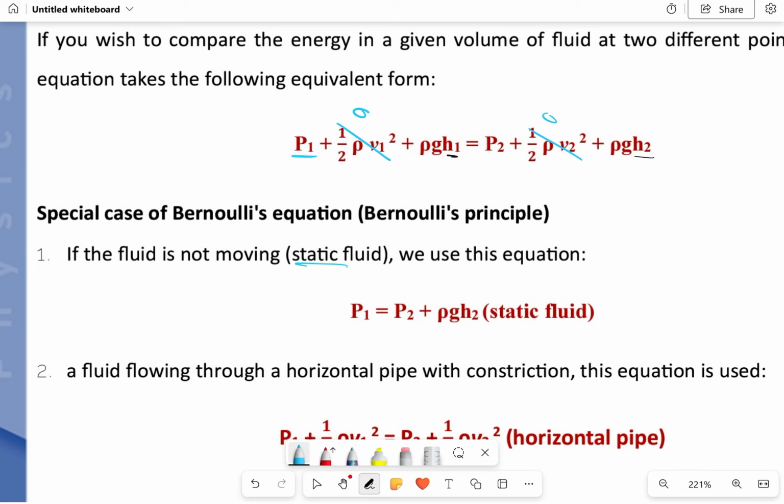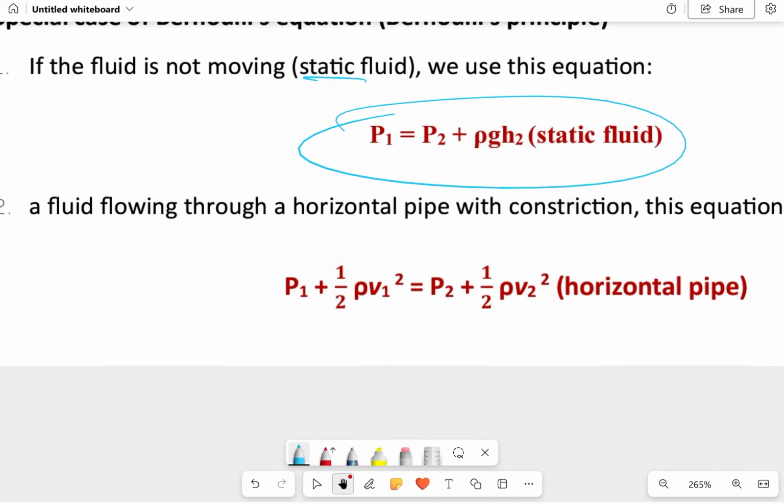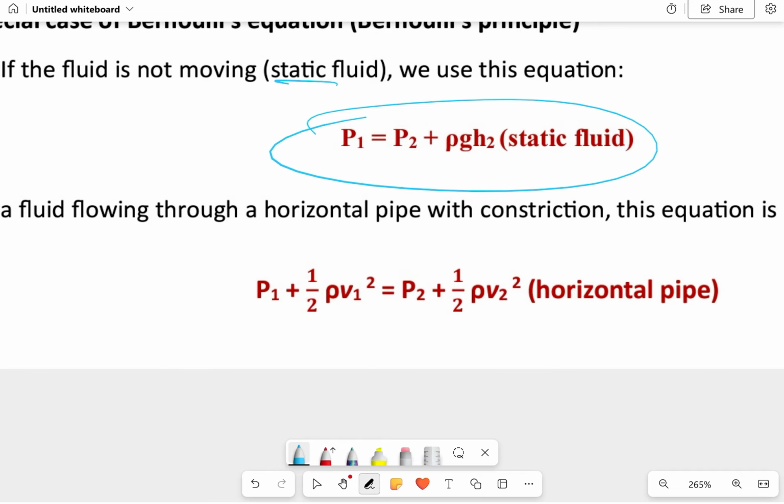So you have P1 left plus, and this one is also going to be 0 because you only have H2. H2 is the height of the container, or for example, you have a tank, okay? H2 is going to be the height of the tank. So you have P1, which is equal to P2 plus rho gh2. This is going to be the equation used for a static fluid.